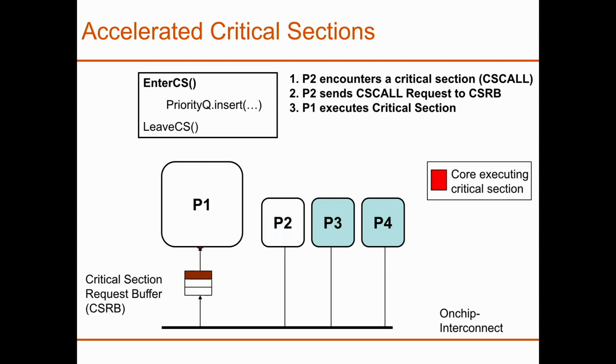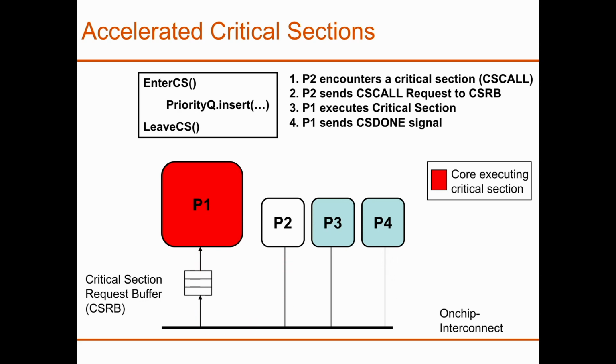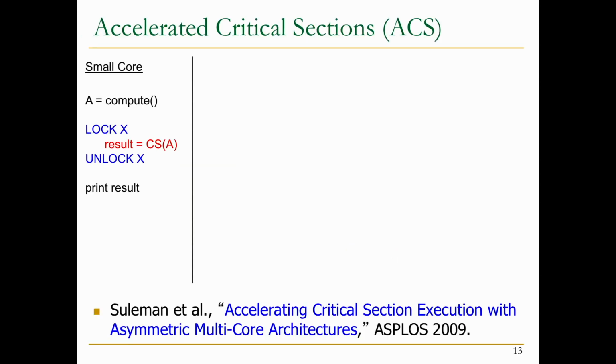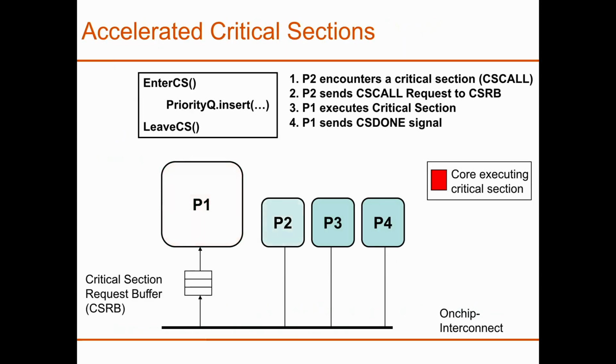The large core executes the critical section when it becomes the oldest critical section over here. So this is a FIFO queue, first in, first out. We're going to change that in the next work. It executes the critical section, hopefully much faster than P2 would execute it. That's the goal. When it's done, it sends a critical section done signal, and P2 can continue.